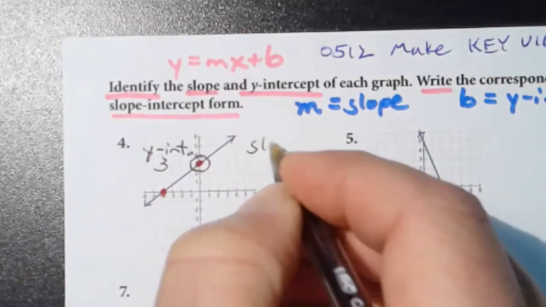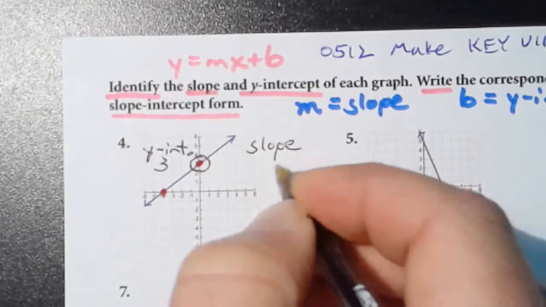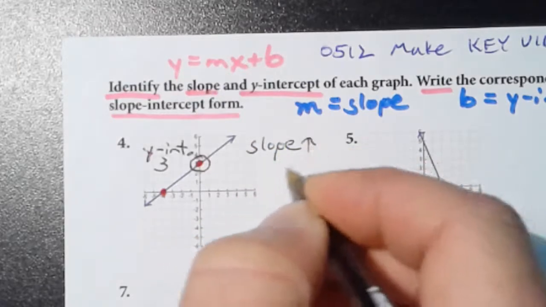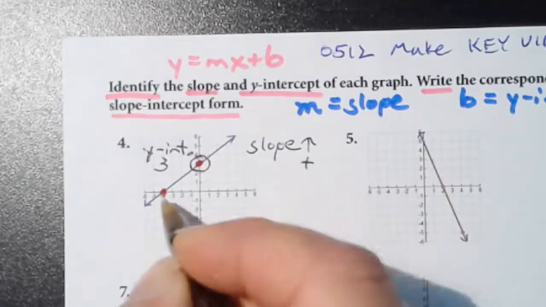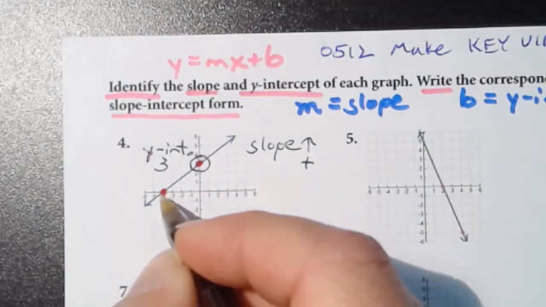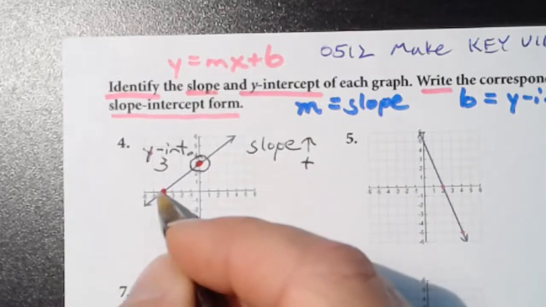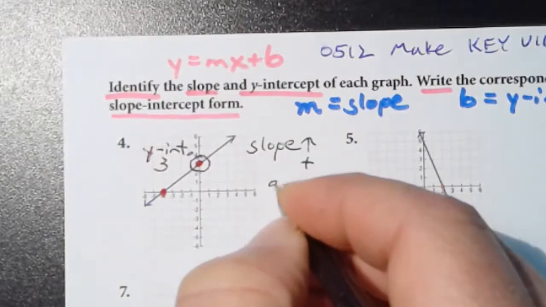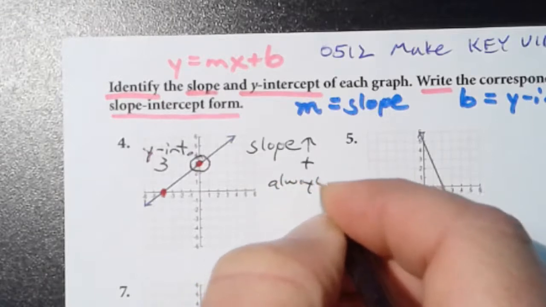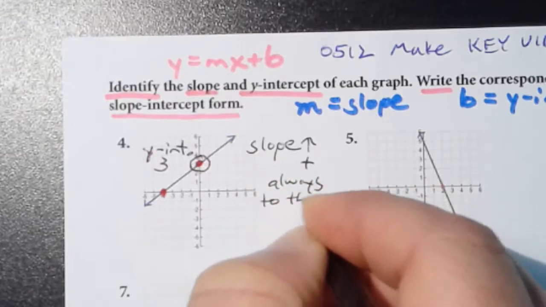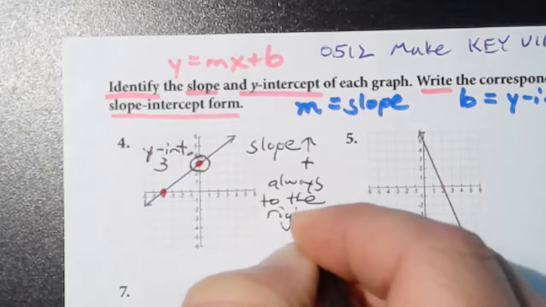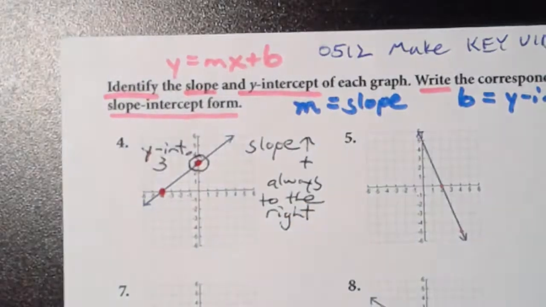The slope is going up, so it's positive. And if I go between the 2 dots, remember we go up or down, then always to the right. Always to the right.